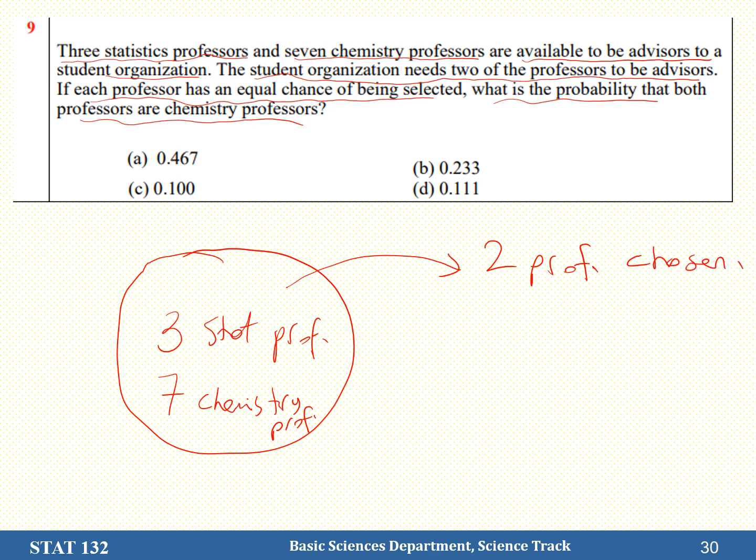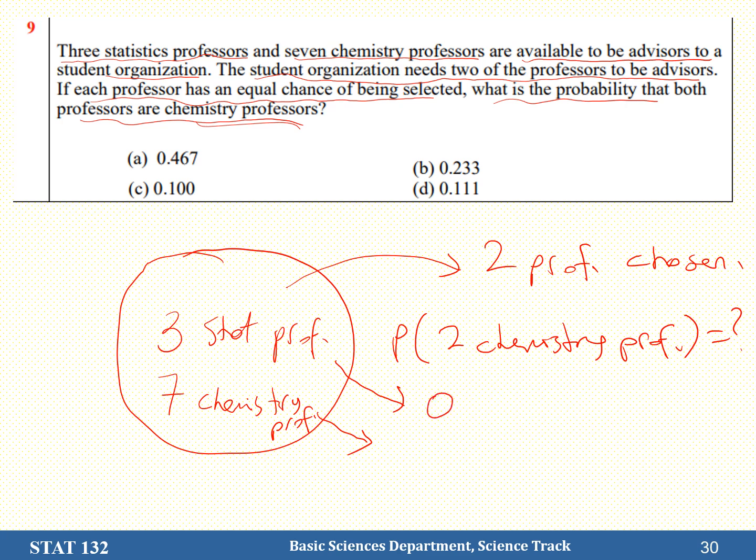So the question is, what's the probability that both professors are chemistry professors? So we choose 2 chemistry professors. If you remember the hypergeometric distribution, how we calculate this probability is, we look at here 2 chemistry professors, they're both chemistry, and it means 0 statistics professors selected and 2 chemistry selected.